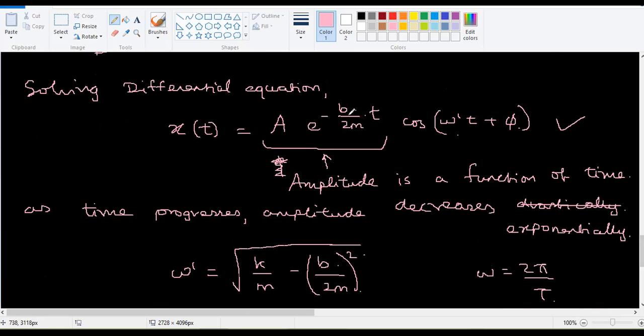And when I say b is equal to 0, what does that mean? This becomes 0. Anything to the power 0 is 1, which means the amplitude remains the same. So take it down.